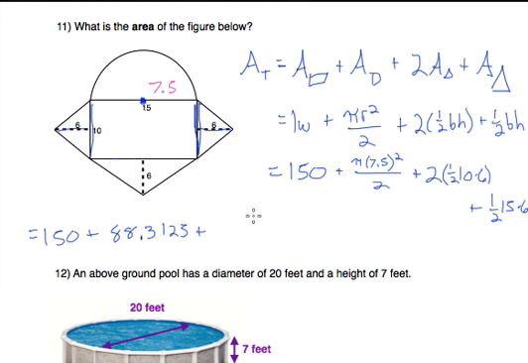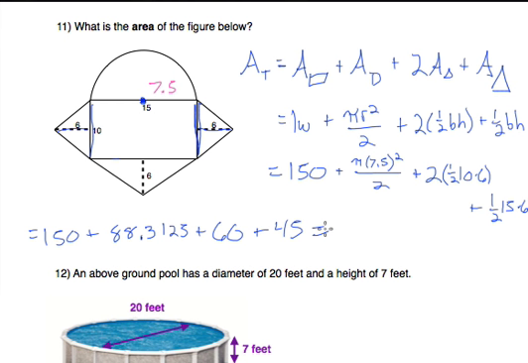Then we're going to add to that 2 times 1/2, 10 times 6. We can do this in our head. 10 times 6 is 60, times 1/2 is 30, times 2 is 60. And then we're going to add that to 15 times 6 divided by 2, which is 45.